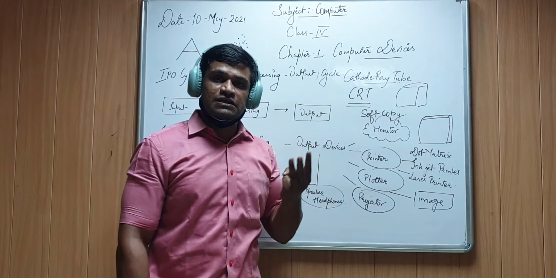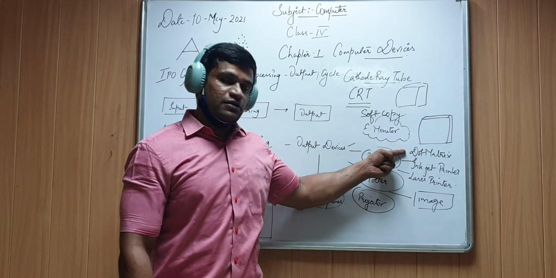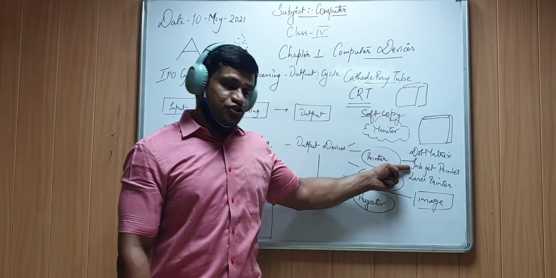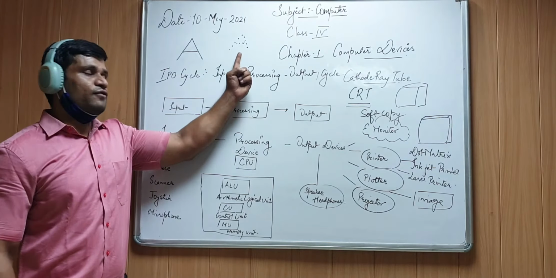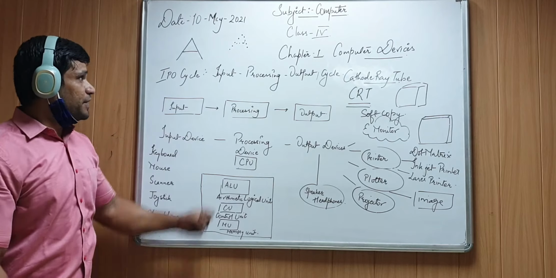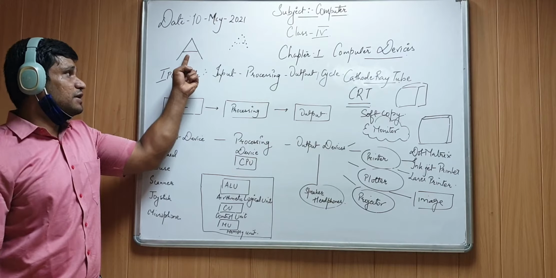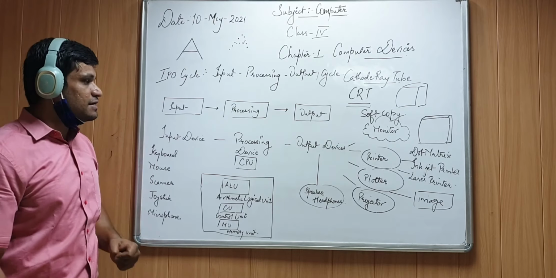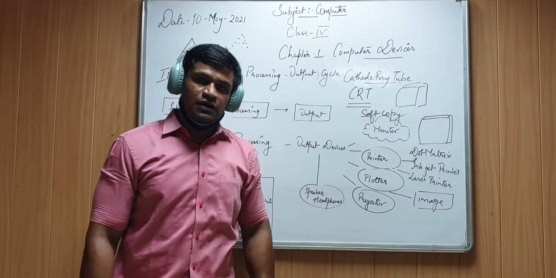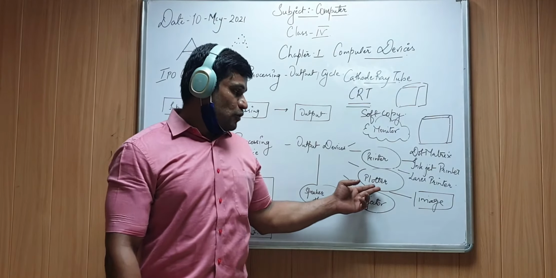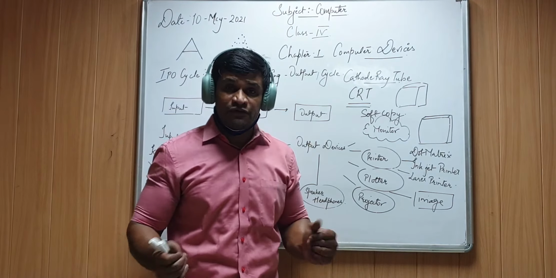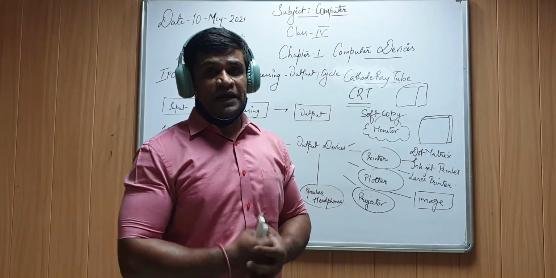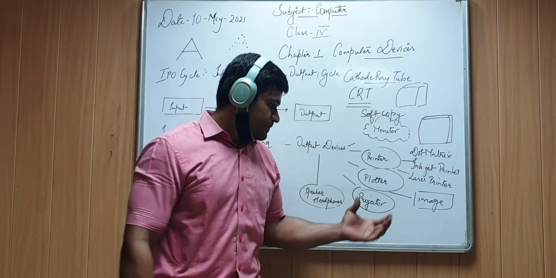Printer, in which we discussed three printers: dot matrix, inkjet, and laser printer. Dot matrix prints in the form of dots, inkjet printer in the form of spray or straight lines, and laser printer by using laser lights. Plotter is used to plot big images, big banners, advertisements, mostly used by engineers and architects.